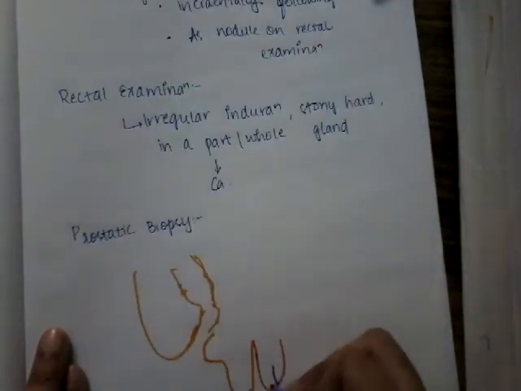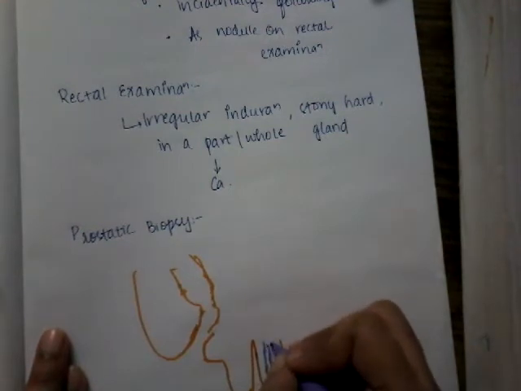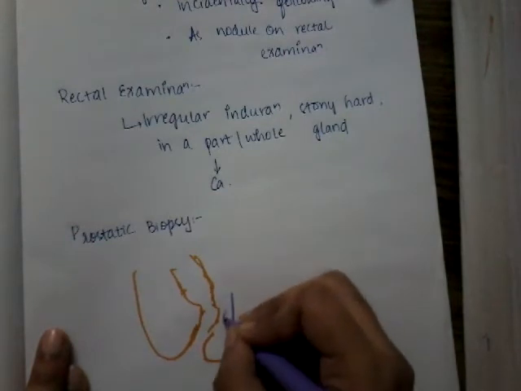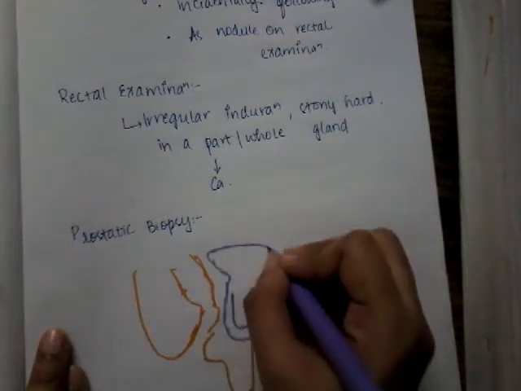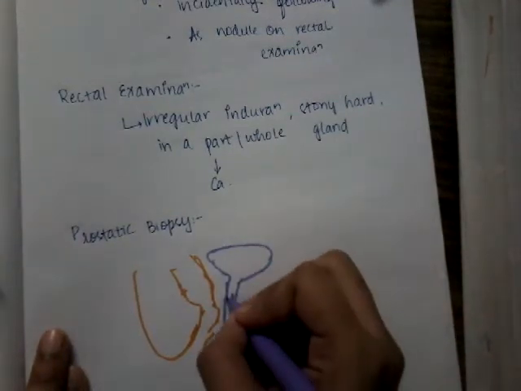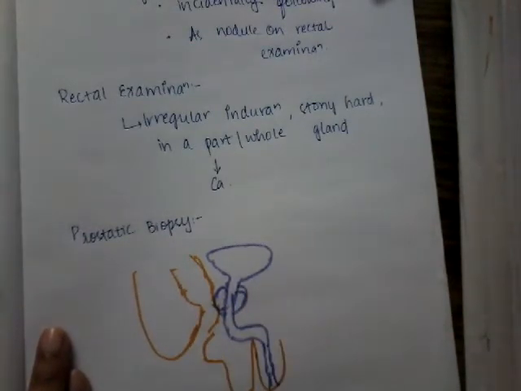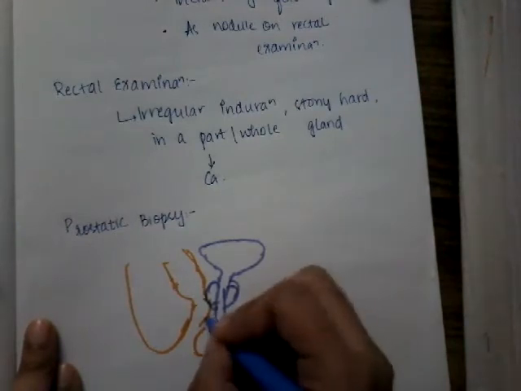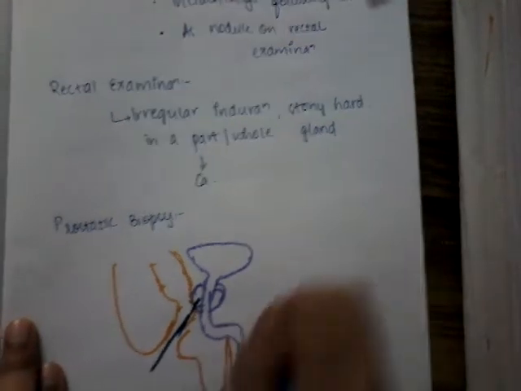So this is the urethra, and then you will go like this, right? And then this is the bladder. And where is the prostate? This is the prostate, right? So now this prostatic biopsy is done transrectally. Through the anus and rectum you will go and then you will take a biopsy.